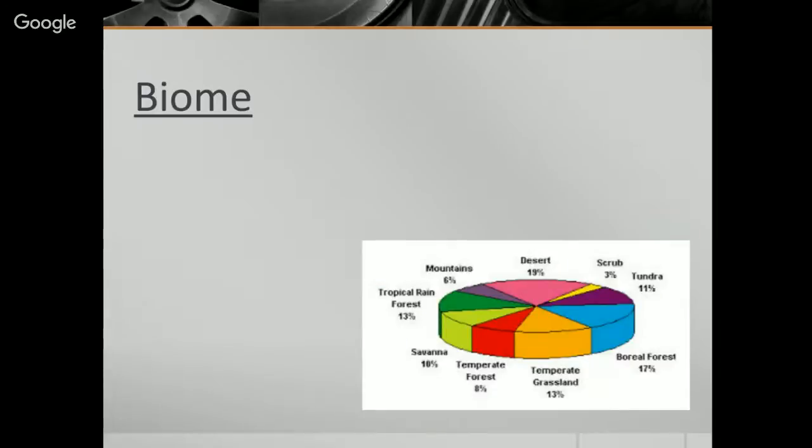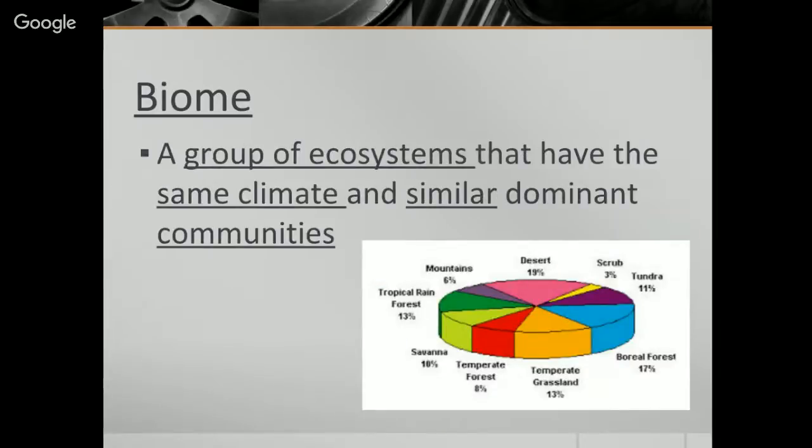And this is biomes. This little pie graph here shows you the distribution of biomes across the whole planet. And what's interesting is that you can see that the different biomes are pretty evenly distributed. Like you see, there's the desert. 19% of Earth's biomes are desert biomes. But 13% are temperate grasslands, and 8% are temperate forests.